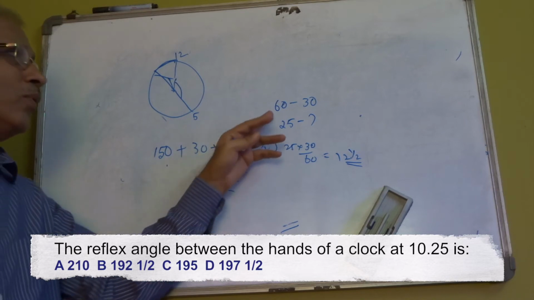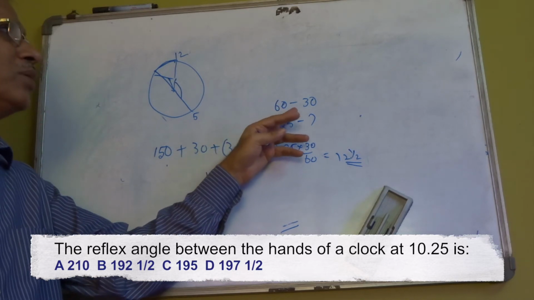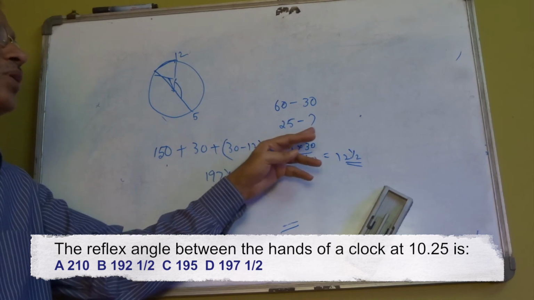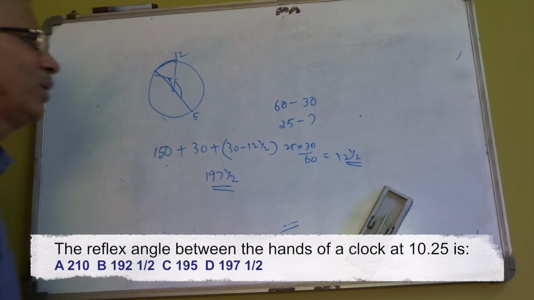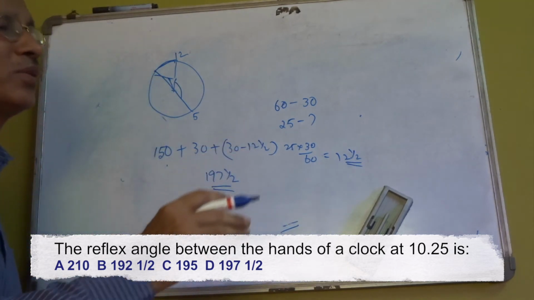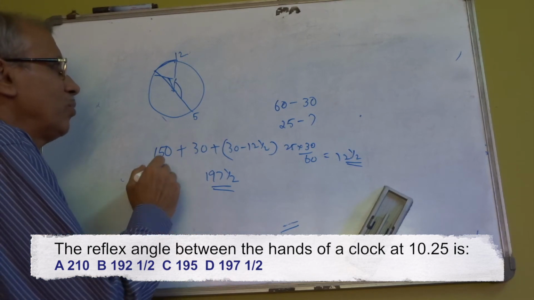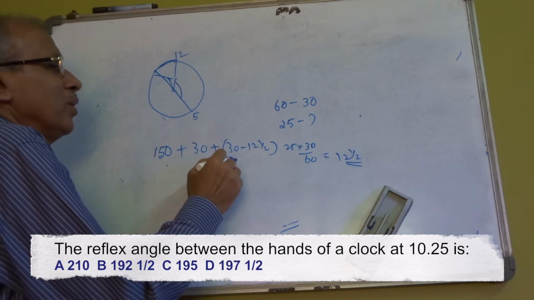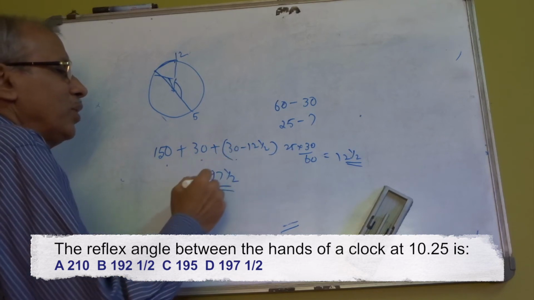How much has it moved? When it is 60 minutes, it covers 30 degrees. Now it is 25 minutes. How many degrees has it covered? 25 into 30 by 60 is 12 and a half degrees. So the total angle is 150, between 11 and 12, 30, and between 10 and 11, 30 minus 12 and a half. That is 197 and a half.